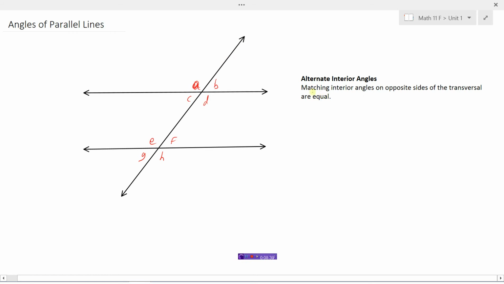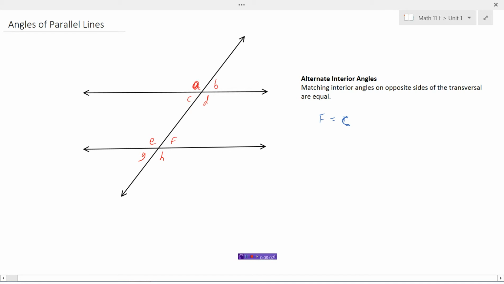Matching interior angles on opposite sides, so that would have to be F and C, and those appear that they would be the same amount, and indeed they are. So angle F would equal angle C. Those are called alternate interior angles, and it's a good name for them. Alternate means on opposite sides, interior on the inside. So angle F equals angle C.